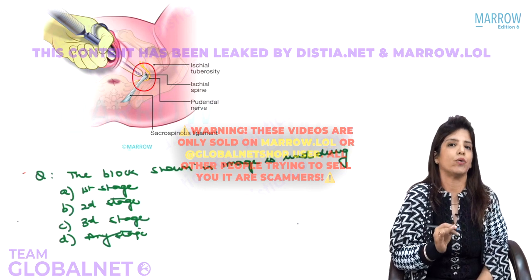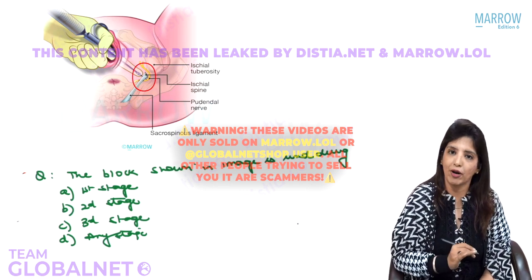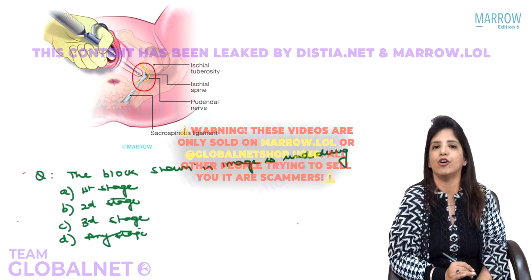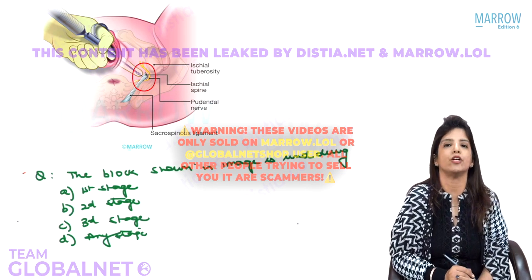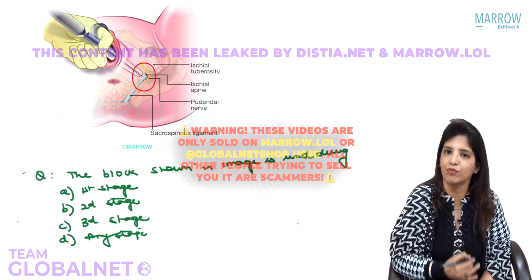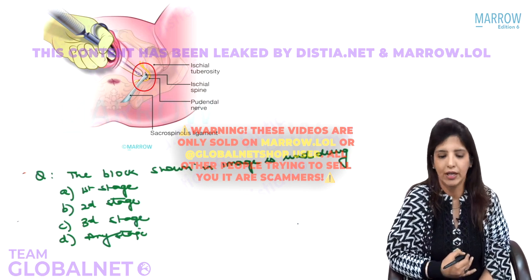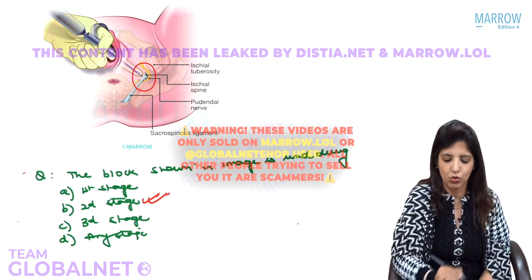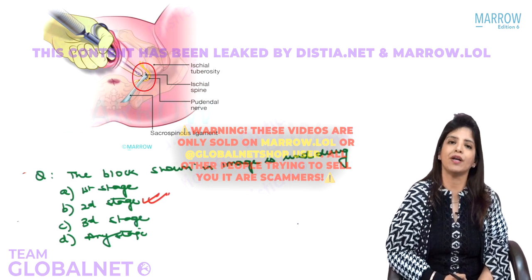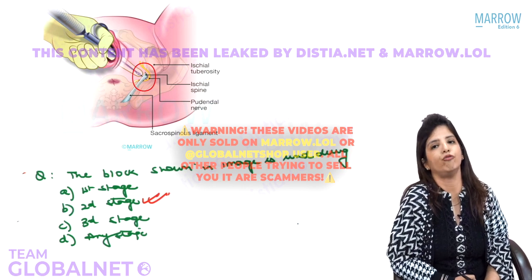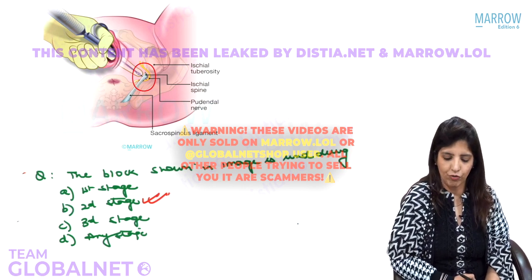So that means we are doing a pudendal nerve block. And a pudendal nerve block is going to relieve the pain of stretching of the perineum, and stretching of the perineum leads to pain in the second stage of labor. So the block shown in the image is used during second stage of labor. Clear to all of you? Okay.